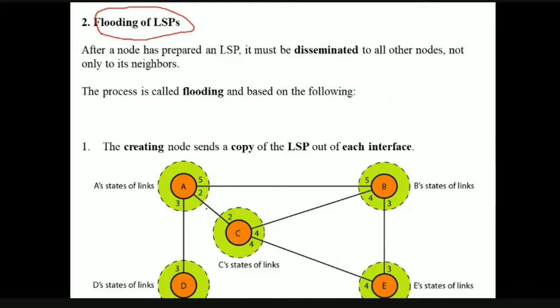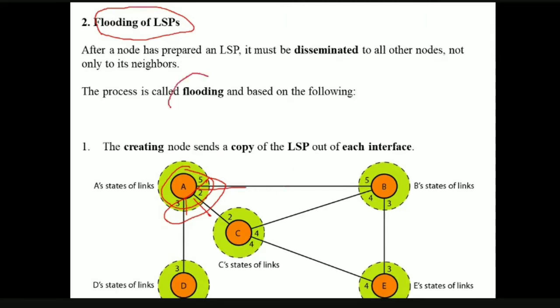Let us say you take this particular node. How many are connected to this node? This interface and this interface. Sending the packets to all these interfaces is called flooding. So not just to the neighbors, it is going to send this LSP to all the nodes.